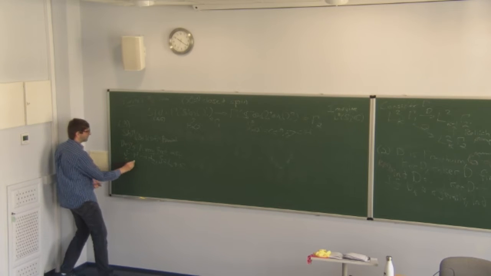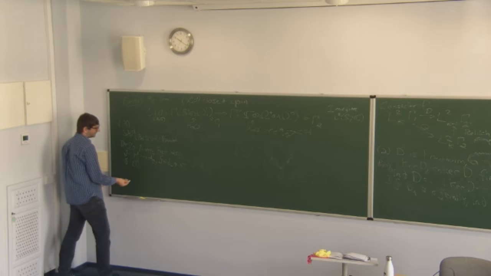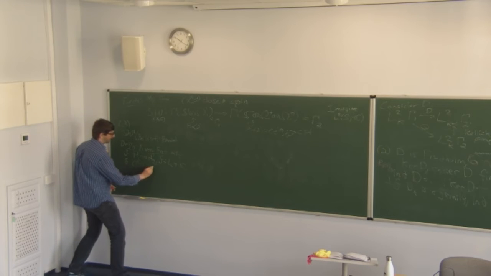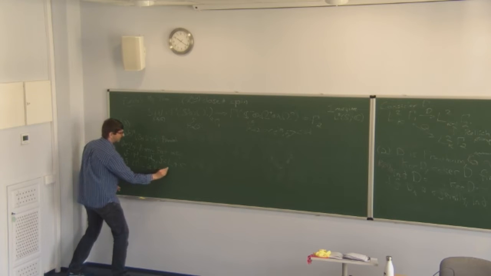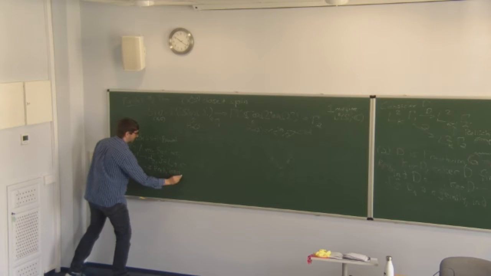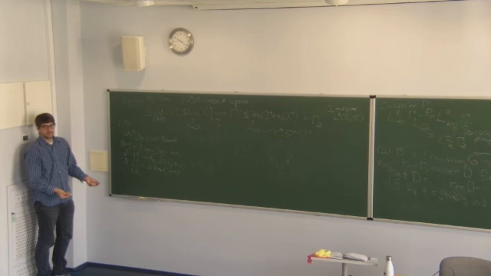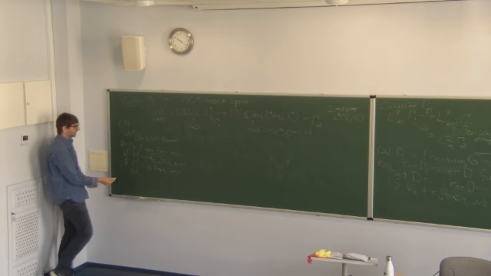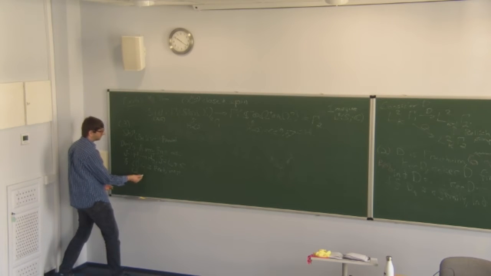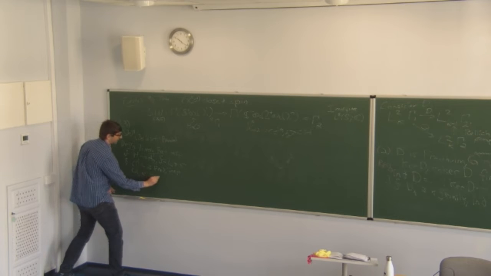If, first of all, L is Fredholm and it's linear. C sends bounded sets to bounded sets, and it's compact: C sends bounded sets to pre-compact sets.